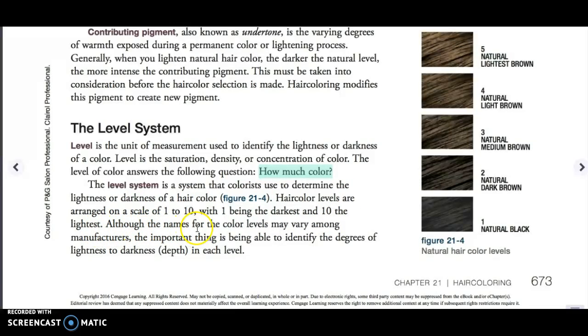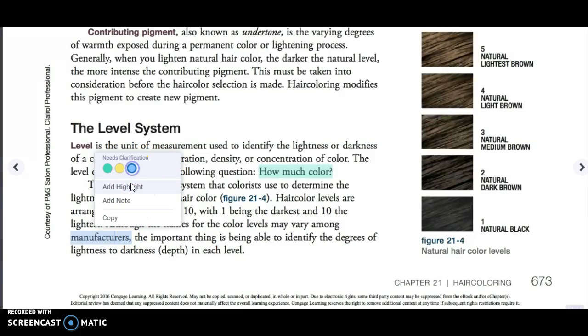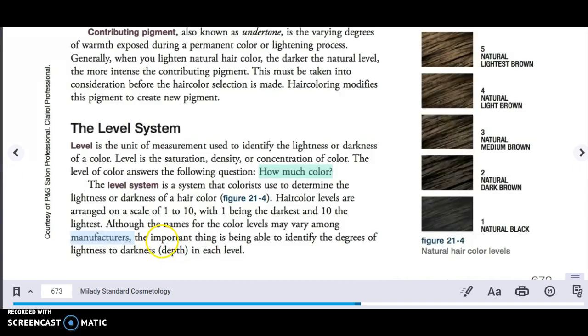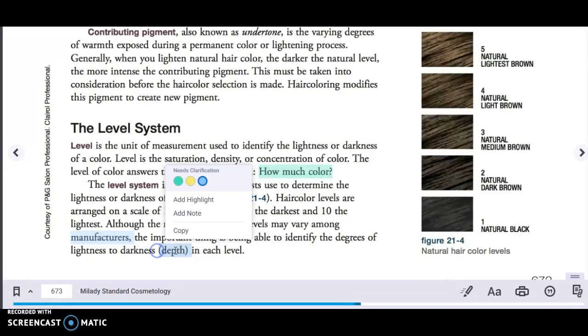Although the names of the color levels may vary among manufacturers, we found that out yesterday when we did our in-class project. The important thing is to be able to identify the degrees of lightness to darkness, and sometimes darkness is referred to as depth in each color.